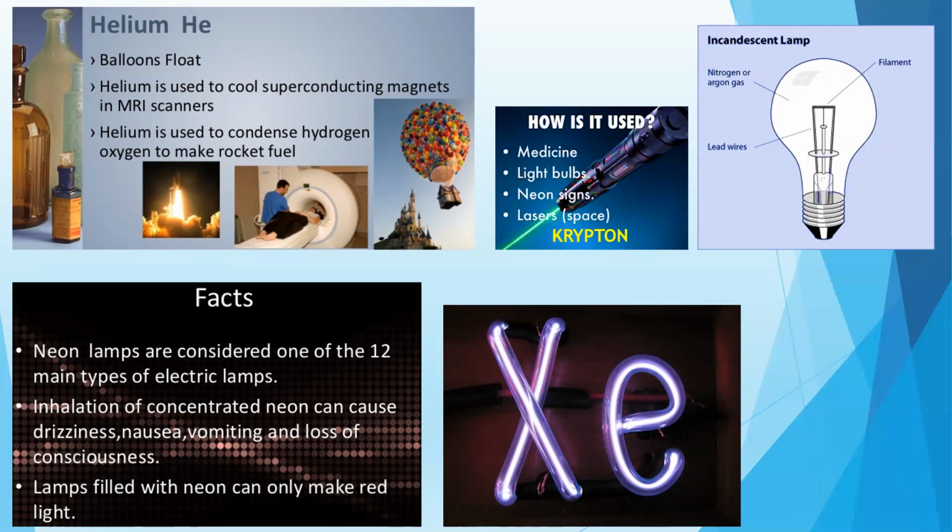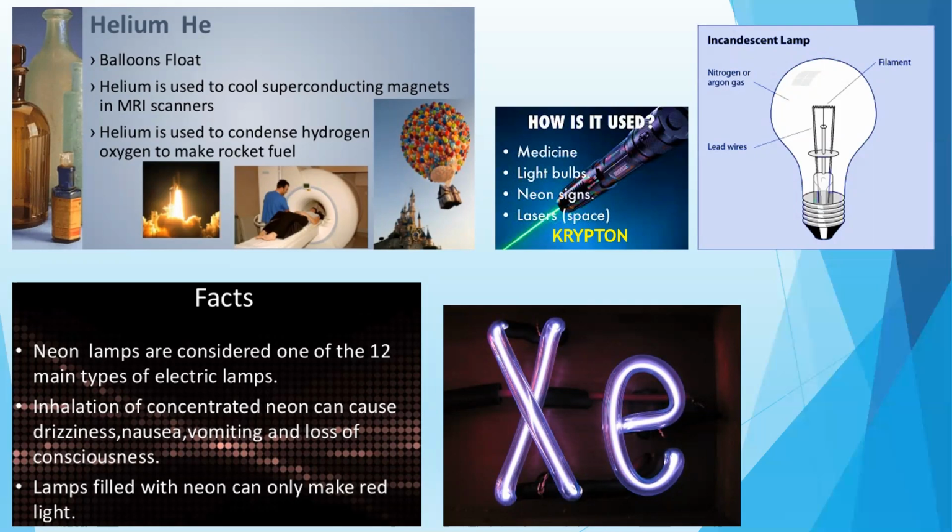Though helium has only two electrons, it comes under the 18th group elements because it attains a stable electronic configuration, and that is the reason why helium is placed under the 18th group. So helium, krypton, argon, neon, xenon, these all are the family members of the neon family.